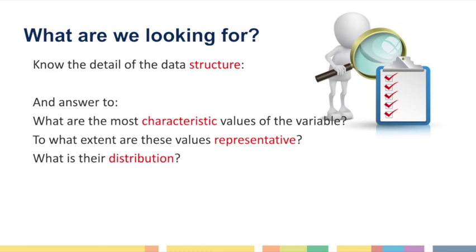The first one is, what are the most characteristic values of the variable? To what extent are these values representative? And finally, what is their distribution? These are the 3 questions that we have to answer after carrying out a data analysis.